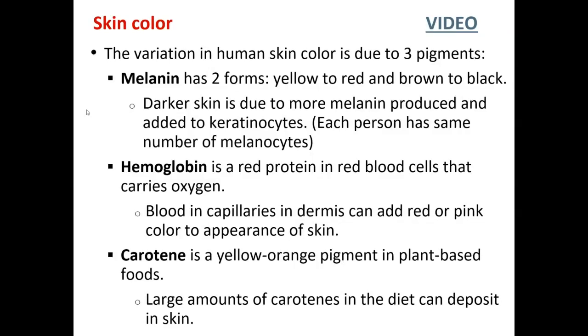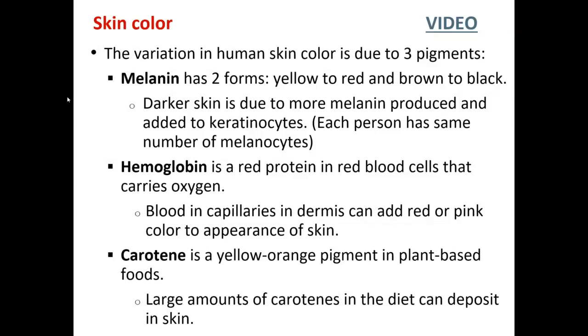Actually, it's better to have more melanin, because that melanin filters or blocks ultraviolet radiation from the sun, and that's what causes skin cancer. So darker skinned people have better protection against the ultraviolet radiation from the sun.